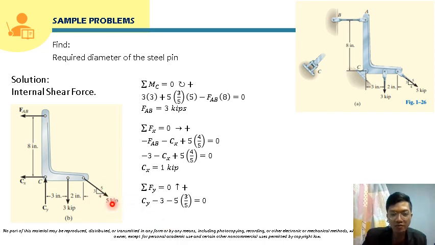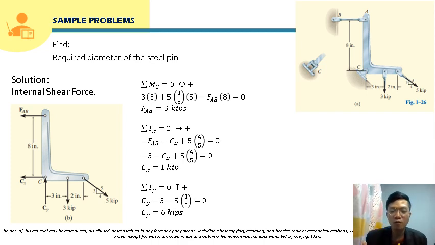Its vertical component is 5 times 3 over 5. We use the slope triangle here. This will be equal to 0. Solving for Cy, we transpose everything, so that will become 3 plus 5 times 3 over 5. So our Cy here will be 6 kips.